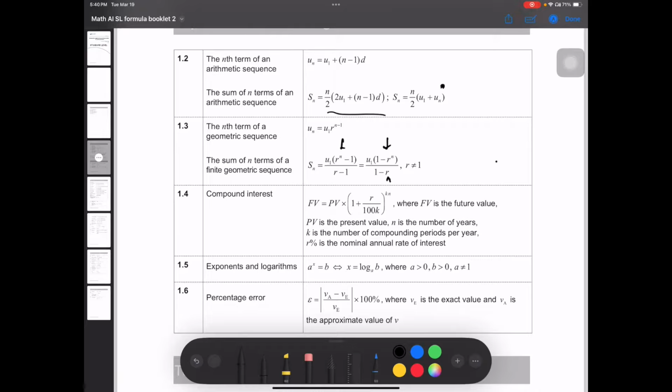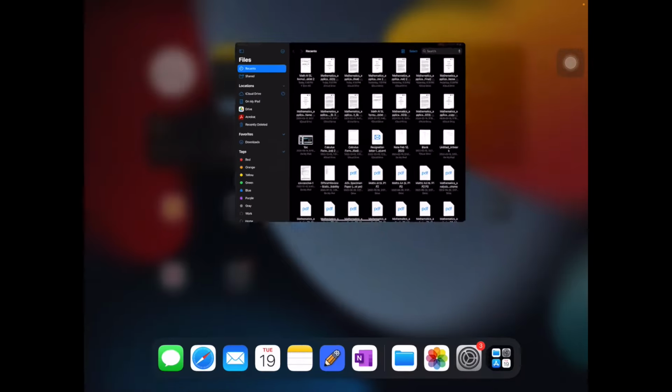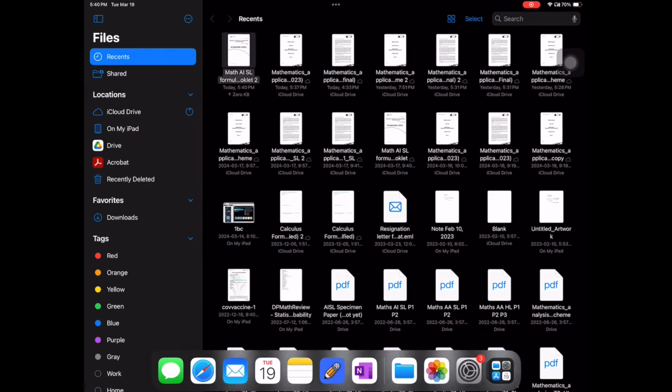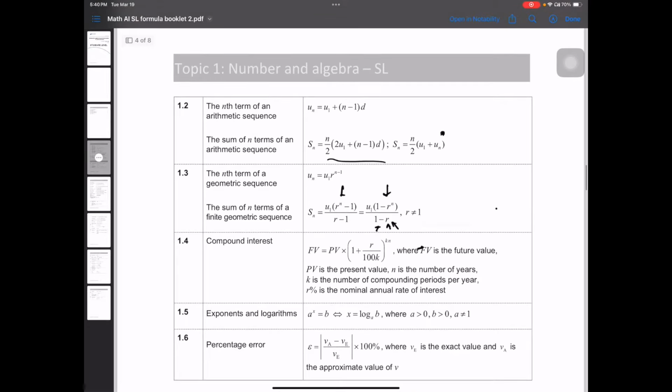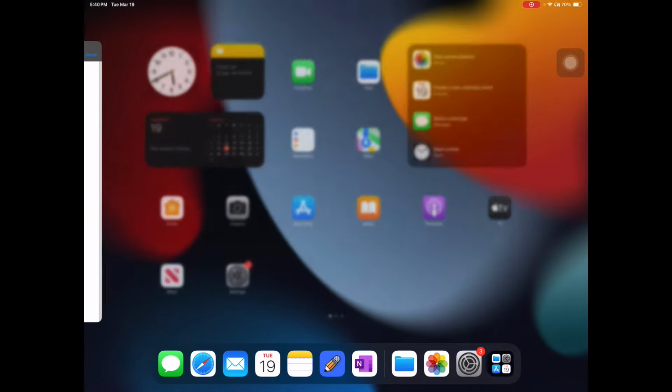We just see the r is switched around, and if r is less than 1, we could use this formula because it would prevent a negative on the bottom. Not too big a deal either way. So, whoops, let me get back to that one sec. We can use either one. u1 (1 minus r^n) over (1 minus r). Alright.